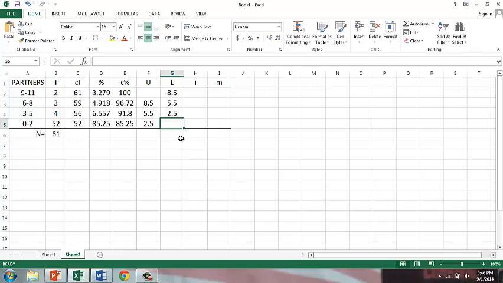In this case, for the lower limit of the 0 to 2 interval, we will use 0, as one cannot have fewer than 0 sexual partners. For the sake of this exercise, we will also assume that no one in our sample had more than 11 partners, and so 11 partners is the upper limit.